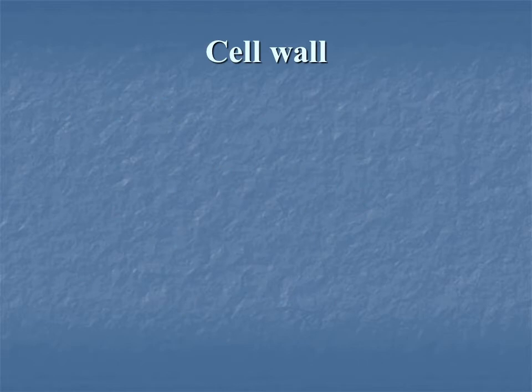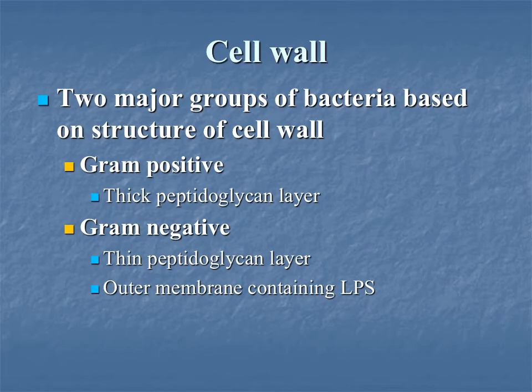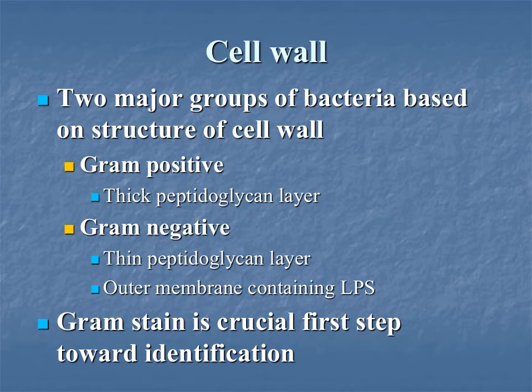Cell wall. There are 2 major groups of bacteria based on the structure of the cell wall: gram-positive and gram-negative. Gram-positive microorganisms have a thick peptidoglycan layer, gram-negative a thin peptidoglycan layer, and the outer membrane contains lipopolysaccharides.